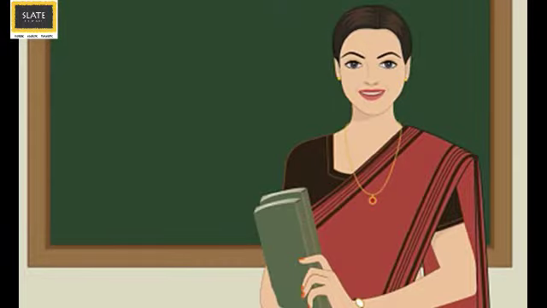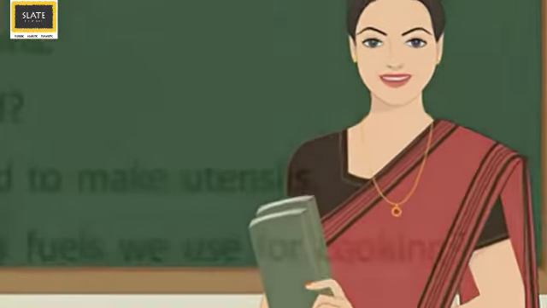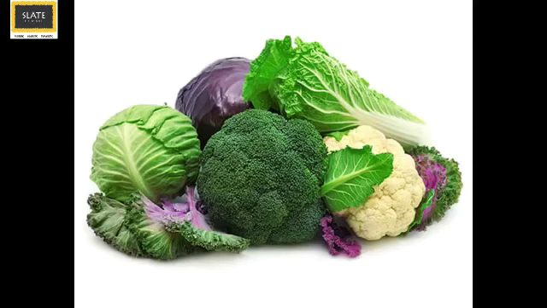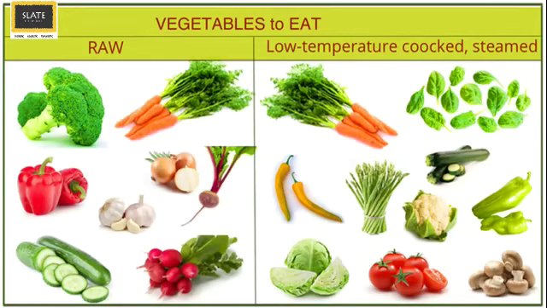Now let's move on to bit C. Here we have to answer the given questions. The first question is, why do we cook food? Now Slaters, we know that there are some foods which we cannot eat raw, while some can be eaten raw too.